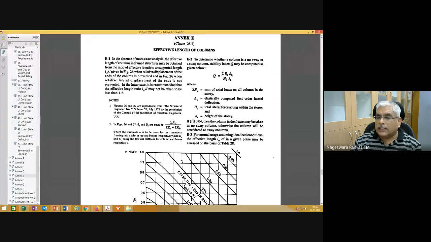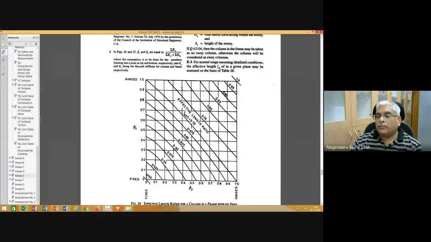So this sigma Kc is the flexural stiffness of all the columns framing at that particular joint, top and bottom. Based on that, you calculate beta 1, beta 2, and then read from this figure the effective length ratio. Anyway, we may not be able to go through all those details, but for completeness, I'm showing you.